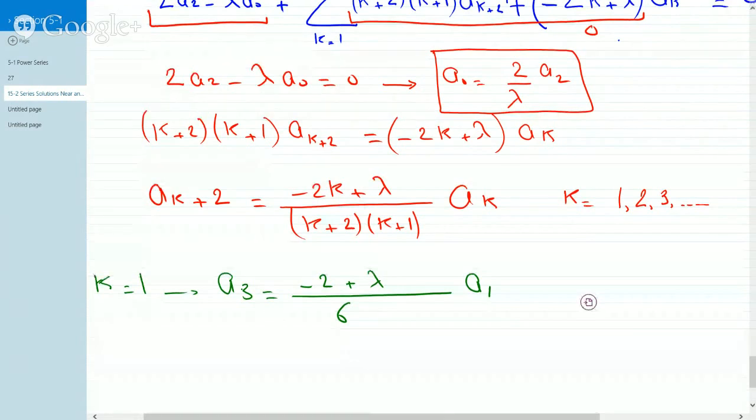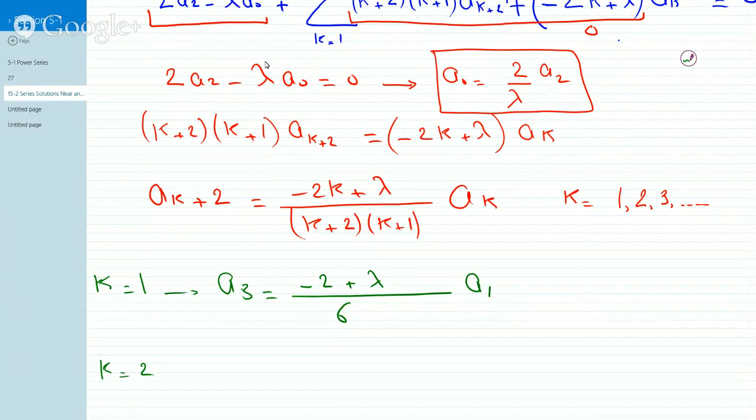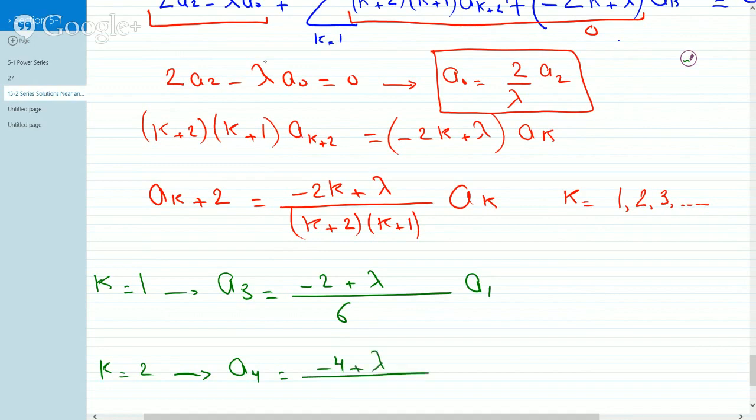Okay. And if k is 2, we would get a4 equals minus 4 plus lambda over 4 times 3 is 12, a2.